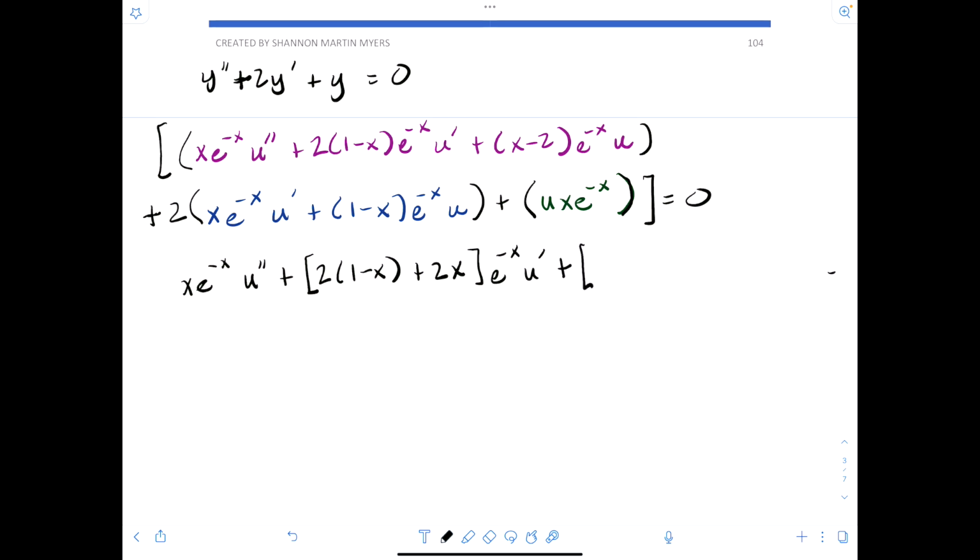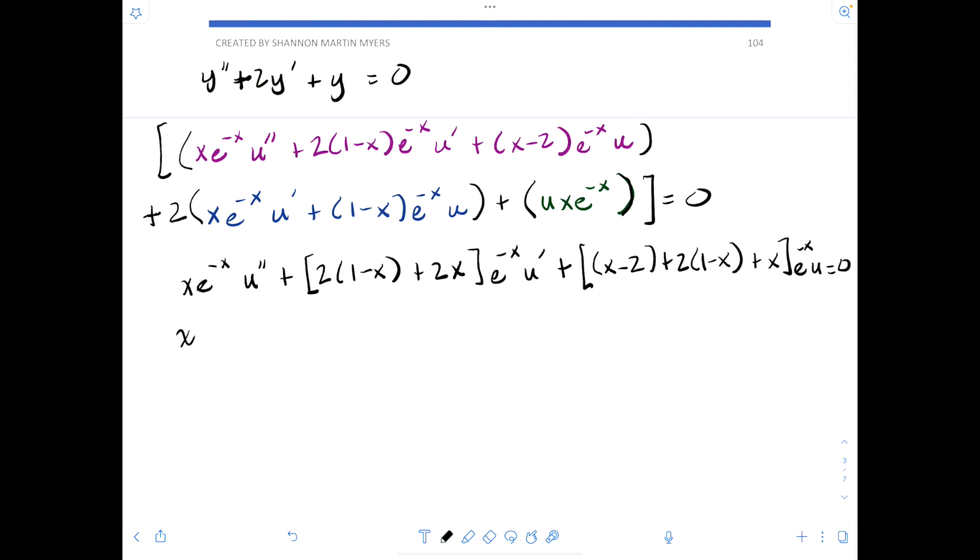Now we're looking for the coefficients of u, so we'll have x minus 2 from the purple, and then 2 times 1 minus x from the blue, with this positive 2 we're multiplying it by, and then from the green we'll have an x, and that's all times e to the negative x times u, and that's all equal to 0. And that's u, not u prime.